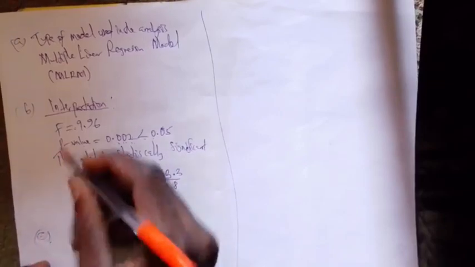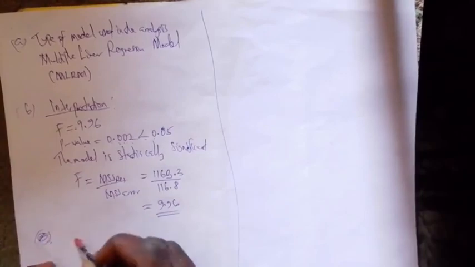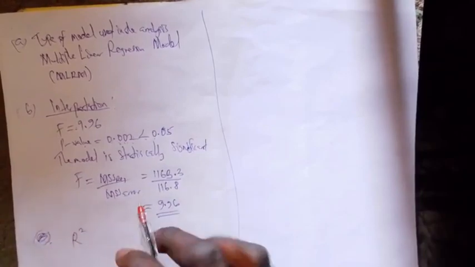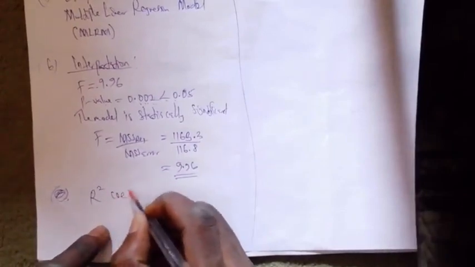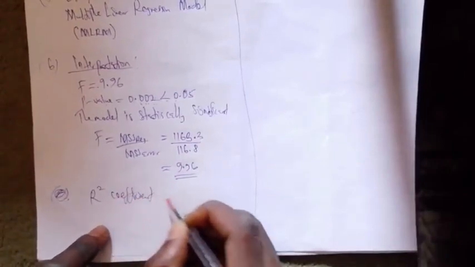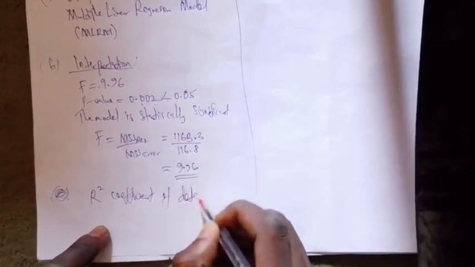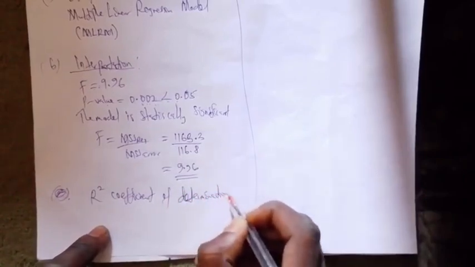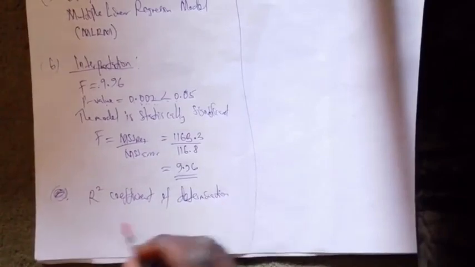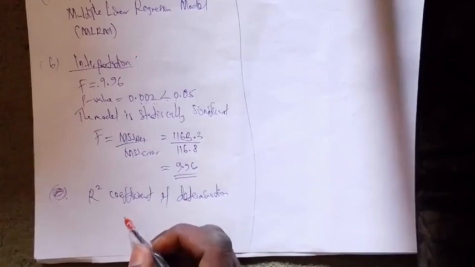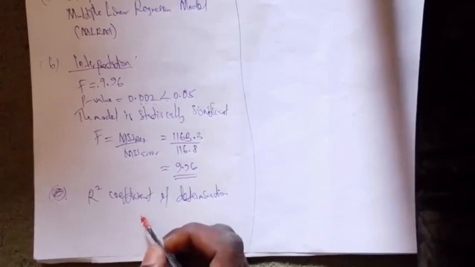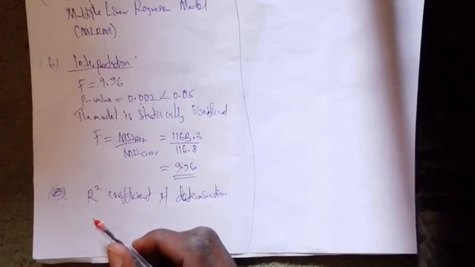Still in our interpretation, we have what is called R squared. R squared is the coefficient of determination. It determines the amount of changes caused by the independent variables on the dependent variable.